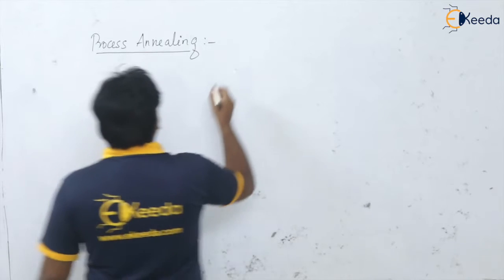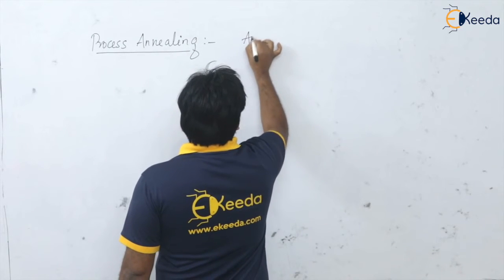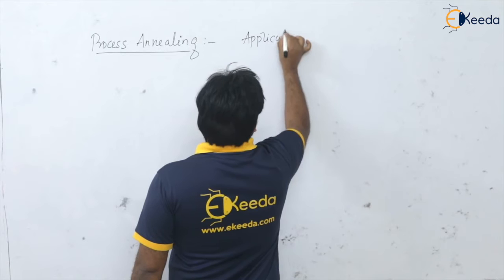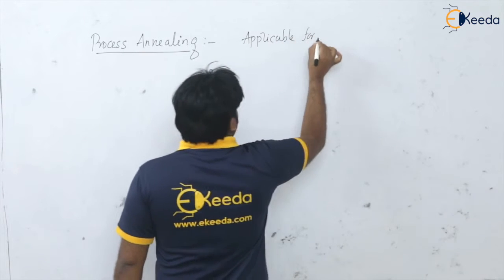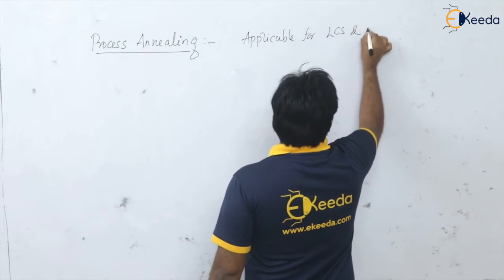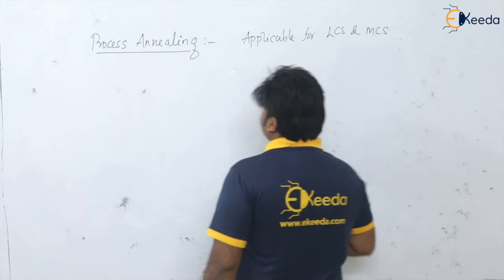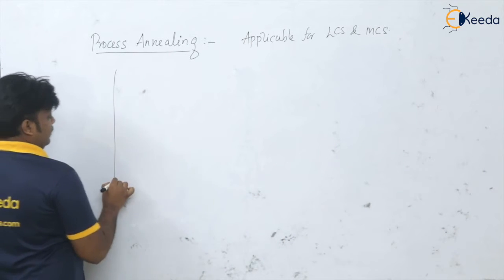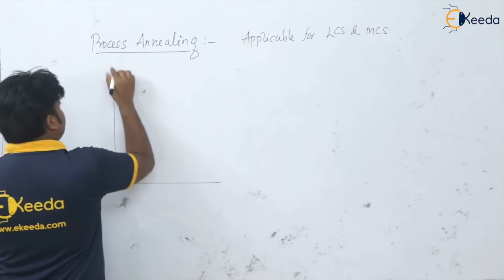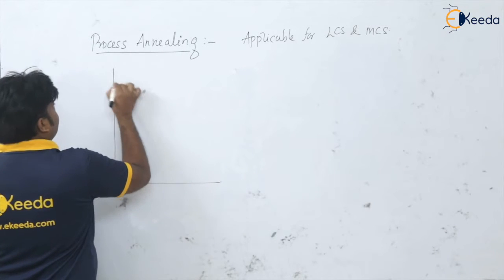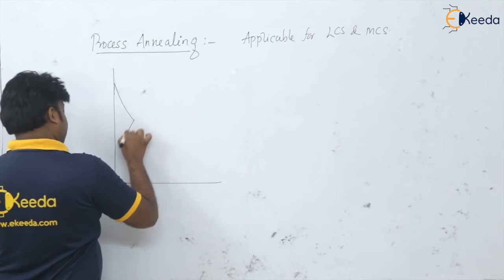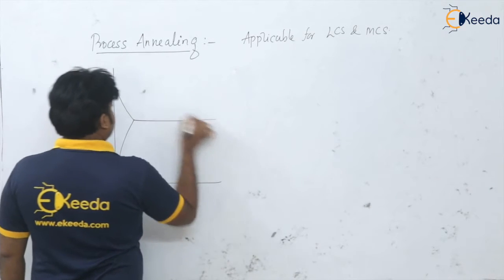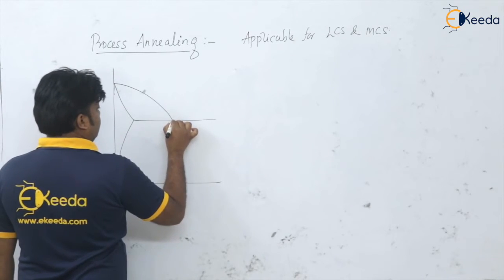This is basically applicable for low carbon steels and medium carbon steels. And if you see here, the eutectoid transformation.